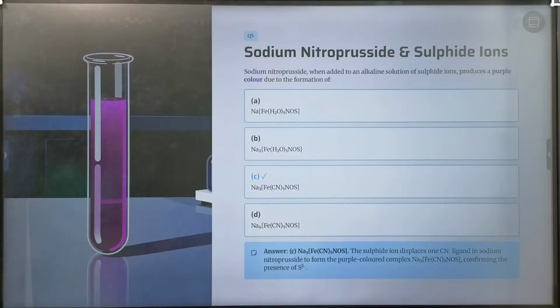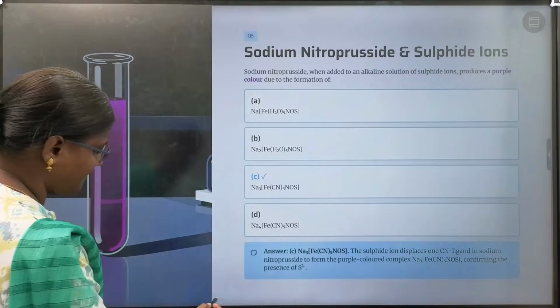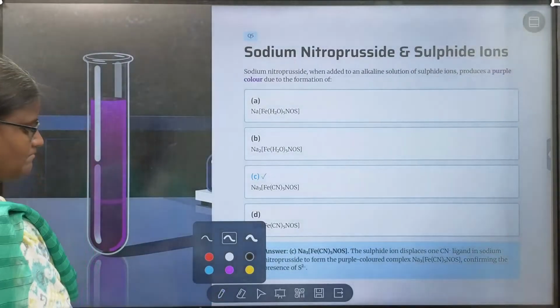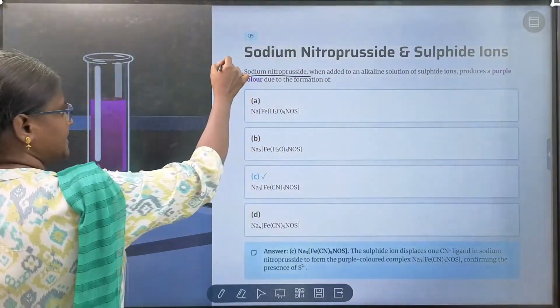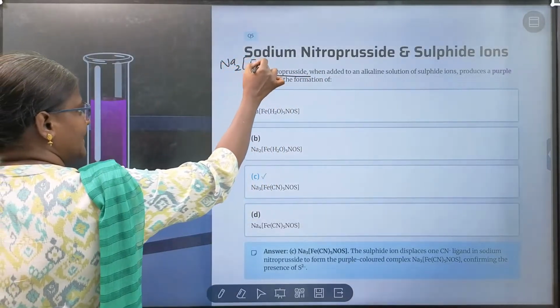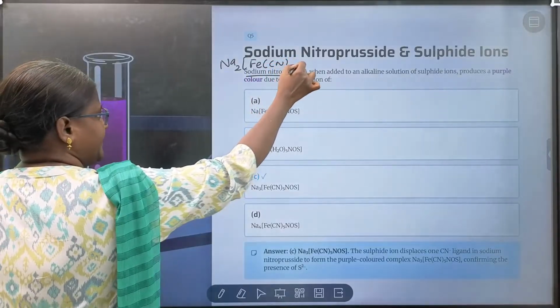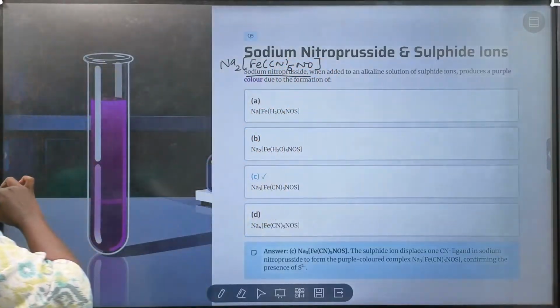Actually, you have learned this already in inorganic chemistry. Okay. So sodium nitroprusside is actually Na2[Fe(CN)5 NO]. The nitrosyl group will be there.